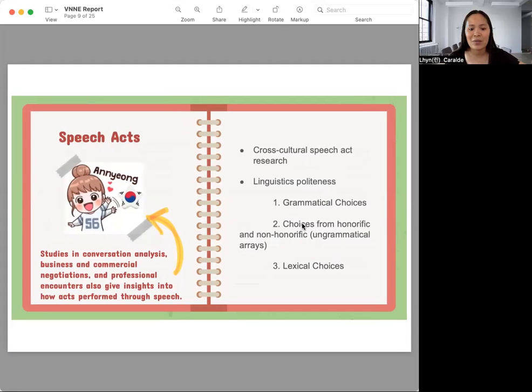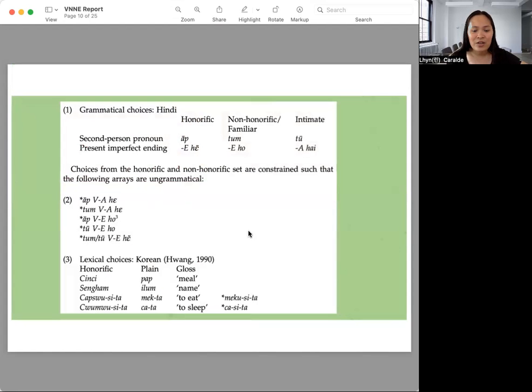This includes grammatical choices. And number two, choices from honorific and non-honorific and grammatical arrays. So this one, the honorific and non-honorific, these are not the right grammars, the right structure of grammars. And the last one is the lexical choices. So the grammatical choices, this one is in Hindi. We use the second person pronoun.